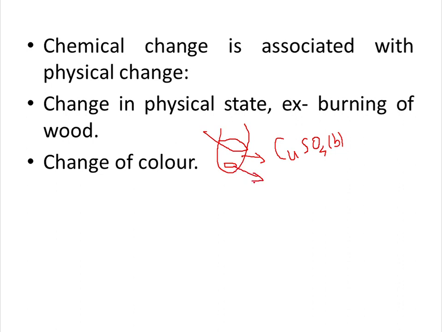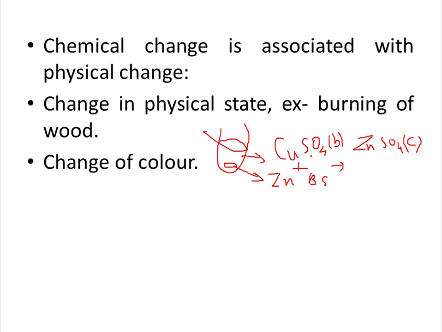This is zinc. Now what is the color of zinc? Bluish silver, right? Now what will happen? These will react to produce zinc sulfate. And the color of zinc sulfate is colorless, like the color of water. Water is colorless. Similarly, zinc sulfate is colorless.